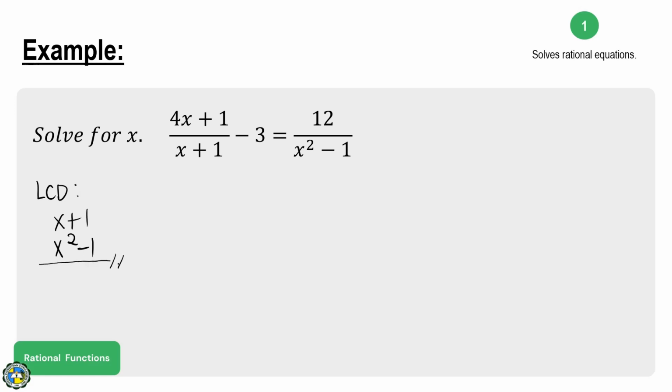At ang gantong klase ng expression po, no, ang tawag po natin dyan is the sum and the difference of two squares. Actually, may factor to eh. At ang factor niyan ay si sum nga po at si difference ng two squares.